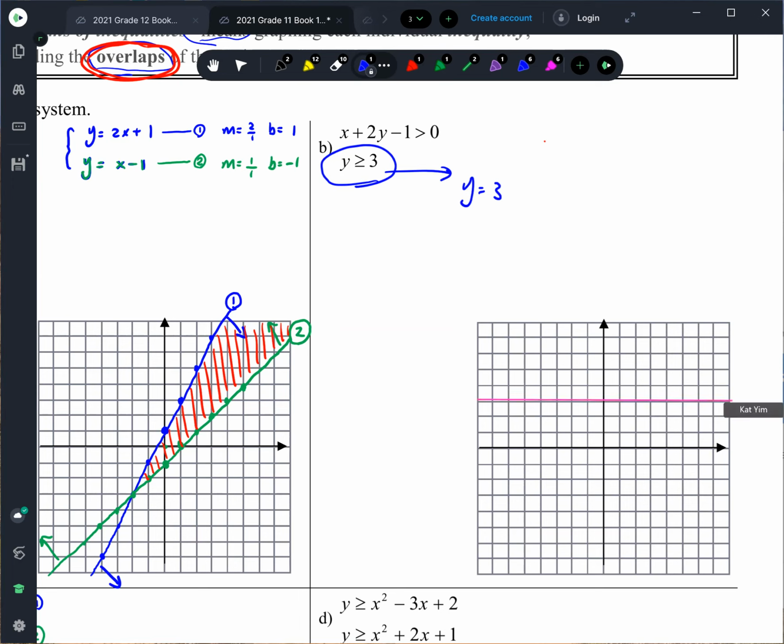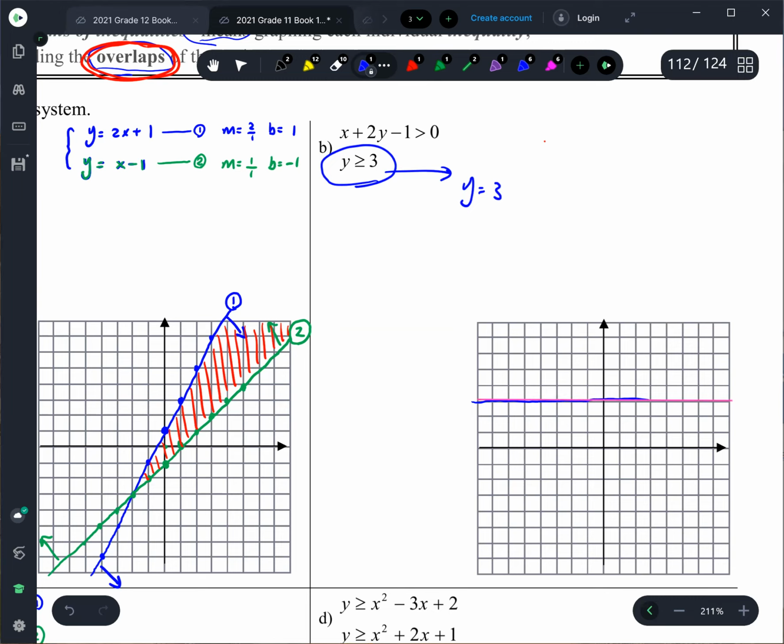Okay, so it's a horizontal line. Going this way is called horizontal. This one passes through the y-axis at 3, so we call this line y equal to 3. This is a special kind of line when it goes horizontally, because any point that you pick from here is always y equal to 3, no matter where.